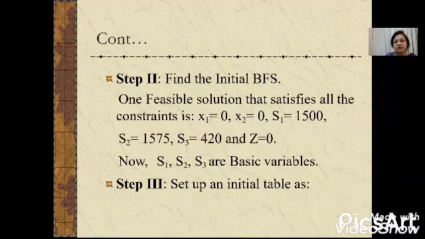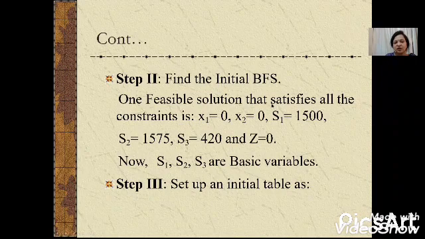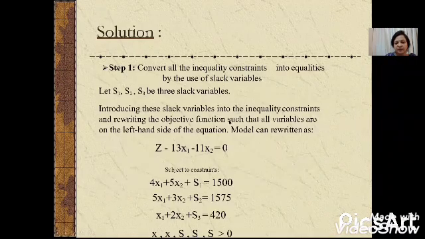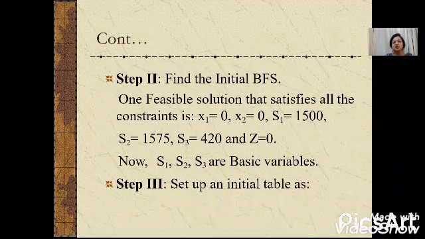First we find the initial basic feasible solution, which satisfies all the constraints: x1, x2 equal to 0. Putting x1, x2 equal to 0 in the model, we get z equal to 0, s1 equal to 1500, s2 equal to 1575, and s3 equal to 420. We can see that this solution satisfies all the conditions. So this is a basic feasible solution.